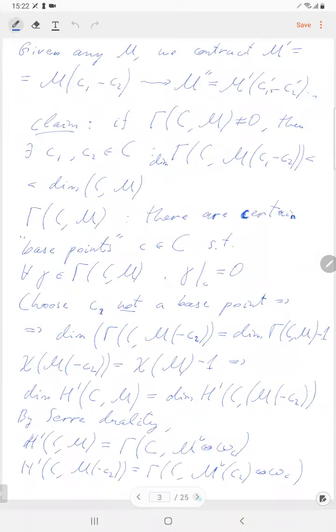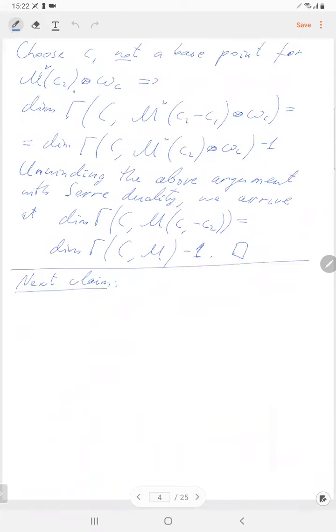And that's essentially what I want to claim next. So I claim that for this particular representative, the higher direct images for projection onto S, they are 0 unless i is 1.